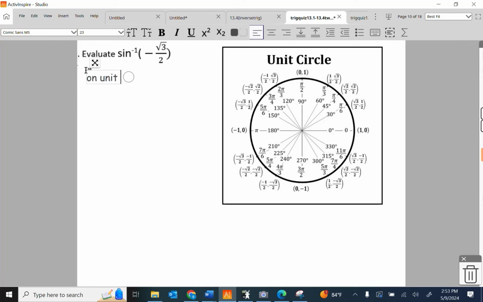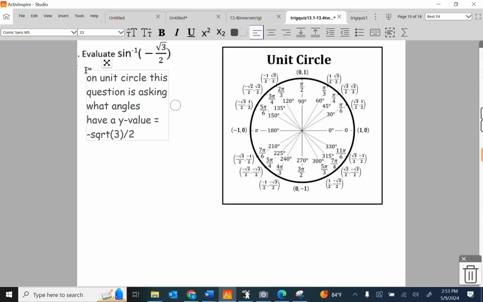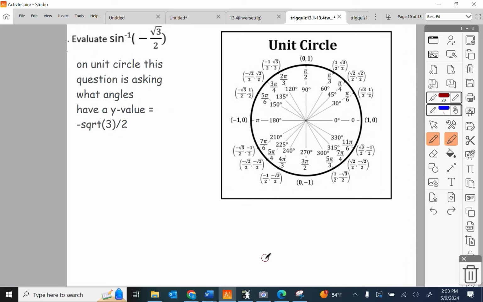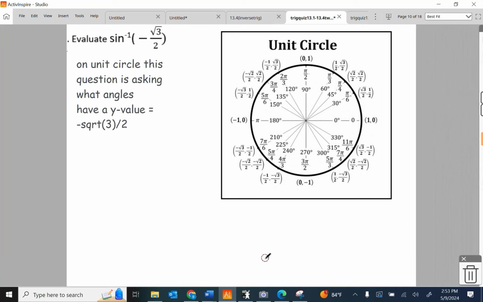On the unit circle, this question is asking what angles have a y value equal to negative square root of 3 over 2. So what y values have a negative square root of 3 over 2?